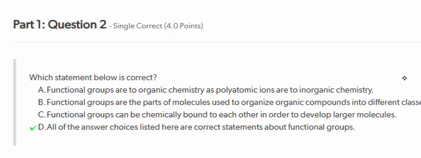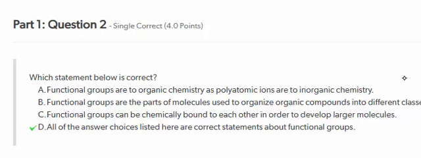Number 2, which statement is correct? Well, it turns out all three of these statements are correct. Functional groups are to organic chemistry as polyatomic ions are to inorganic chemistry. They give some sort of functionality to the molecule that they're a part of. Functional groups are the parts of molecules used to organize organic compounds into different classes.